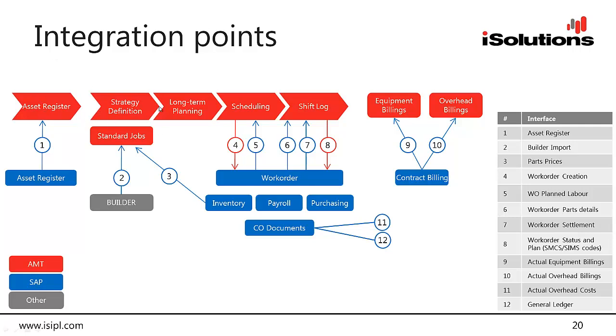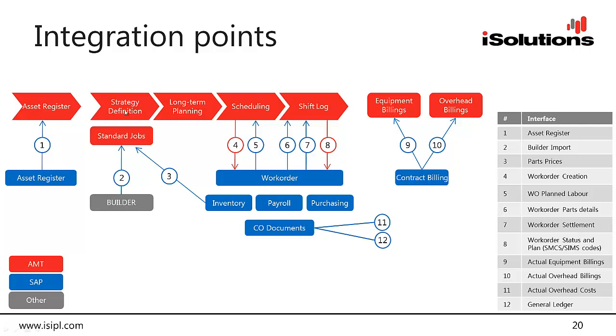In AMT, you will define your maintenance strategy. So this is coming up with your maintenance plans, standard jobs, your job instructions and things. The standard jobs, we have an interface to Builder, the CAT Builder program. So we can import those from Builder, or you can just create them directly within AMT. We do get a parts pricing update that comes from SAP to keep the prices of those standard jobs up to date.